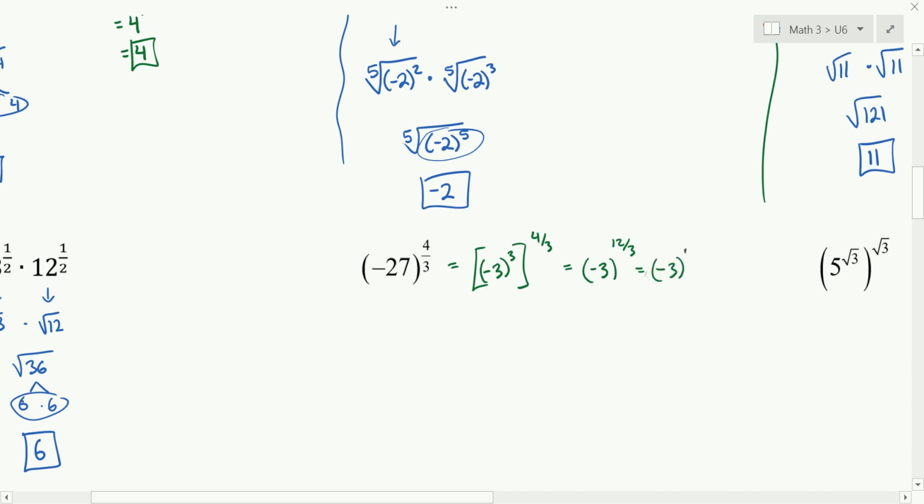And what's negative 3 to the 4th power? Negative 3 times negative 3 is 9, and 9 times 9 is 81. Positive or negative? It should be positive because it's the 4th power, an even power. So that's one route.